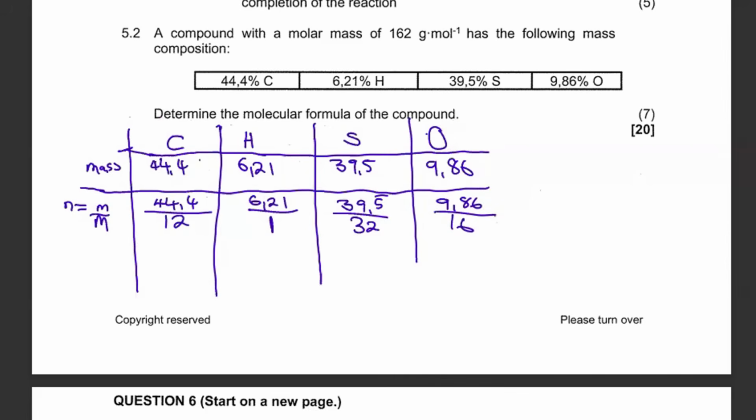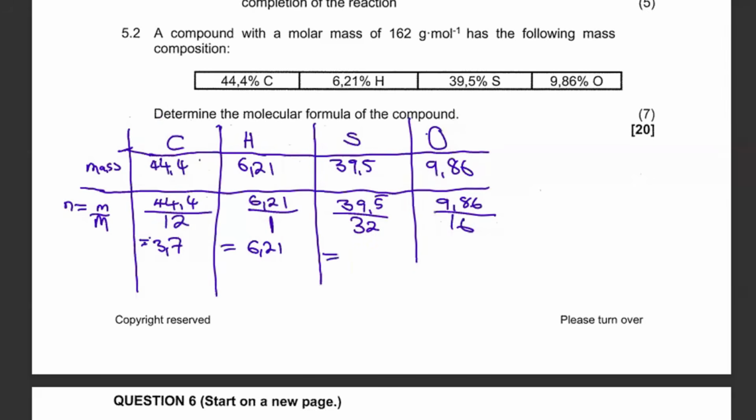Then let's do our math, making use of our calculator. 44.4 divided by 12, then we get 3.7. Hydrogen retains 6.21.